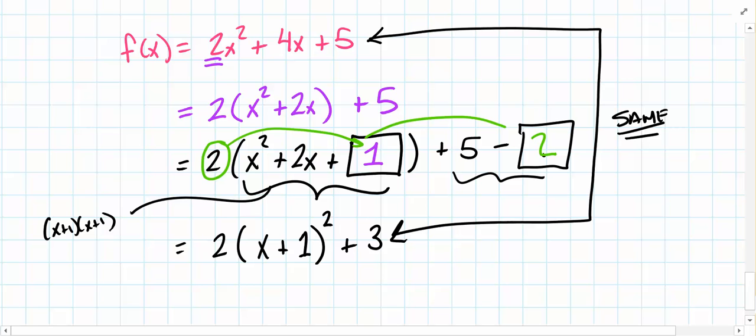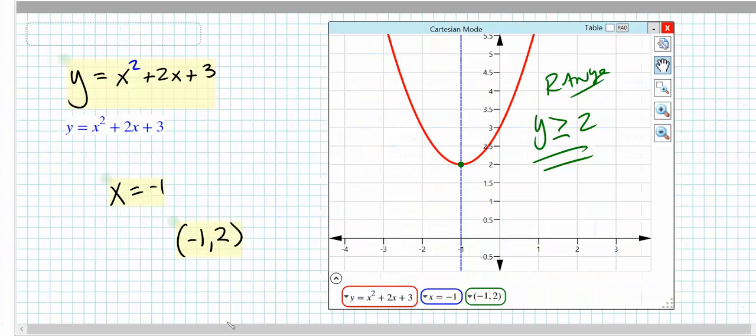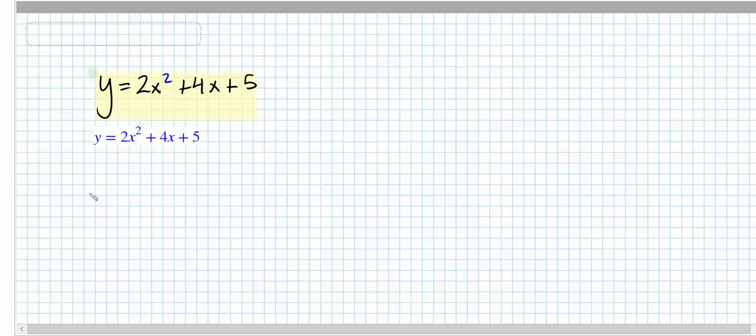I'll prove this to you right now. I'm going to graph the first equation I gave you: 2x squared plus 4x plus 5. And the other one that we ended up with was 2 times (x plus 1) squared plus 3. Look at these two very different looking quadratic equations.